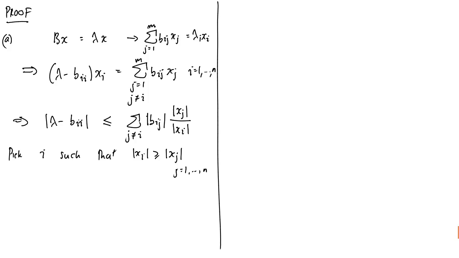This means that for this expression here, we can get an upper bound on the right hand side by turning all these ratios into ones. Less than or equal to the sum, j not equal to i, of the absolute value of Bij. Okay, and that is our Gershgorin's circle theorem expression as required.